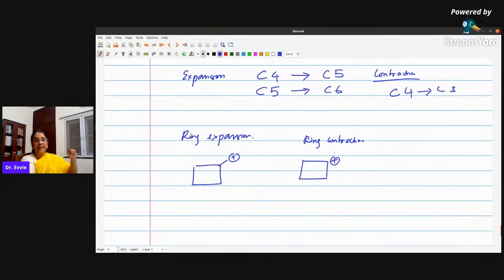See here, when the positive species is away from the ring with a group, that will be a CH3 plus group, the first one, that one will always undergo ring expansion. When the positive species is not in the ring, such compounds will undergo ring expansion. When the positive species is on the ring, then it will undergo ring contraction.